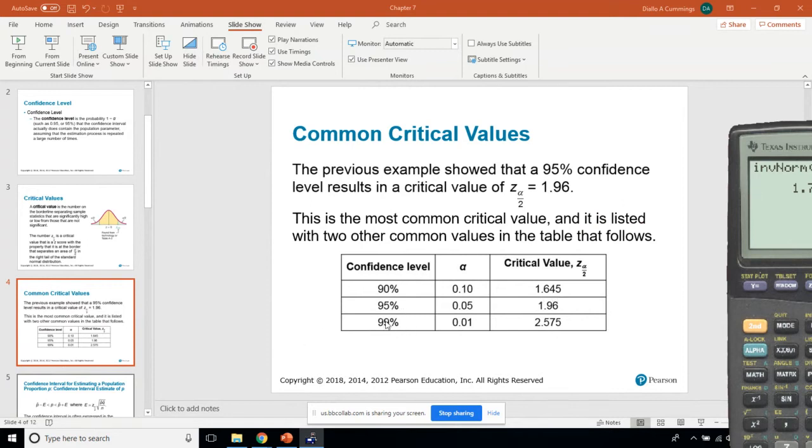If the confidence level is 95%, that Z critical value is 1.96. And if the confidence level is 99%, here again, these are common values you see most of the time, our Z critical value is 2.575.